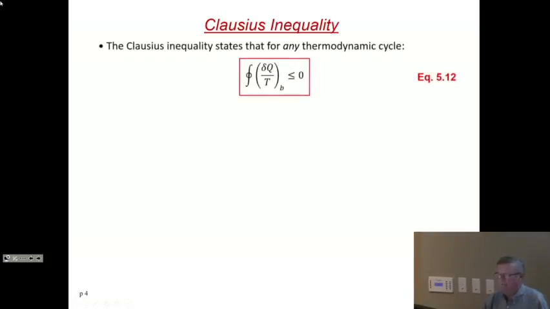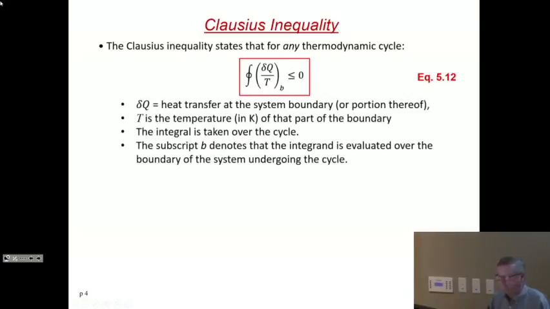Okay, so let's review the Clausius inequality, which is a consequence of the second law. It states that for any thermodynamic cycle, the integral over the cycle of the quantity dQ divided by T, as exchanged through the boundaries, has to be smaller than or equal to zero.